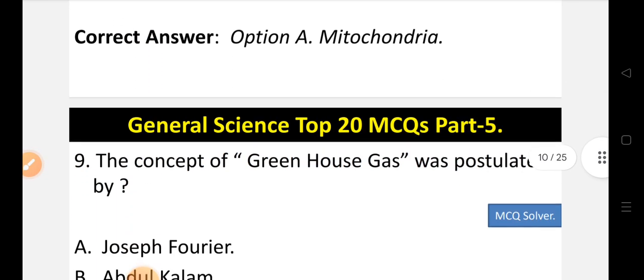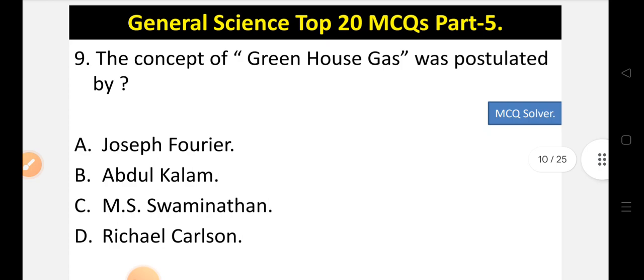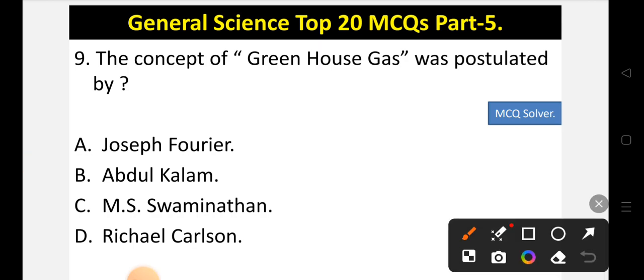Now let's move to question number 9. The concept of greenhouse gas was postulated by. Greenhouse gases are certain types of gases which increase the temperature of the earth, and they are also responsible for ozone depletion. The correct option is option A, that is Joseph Fourier.